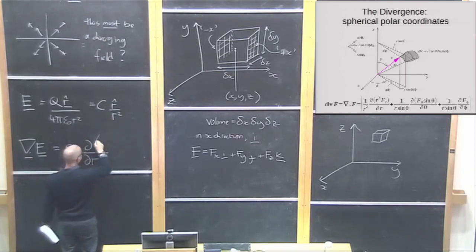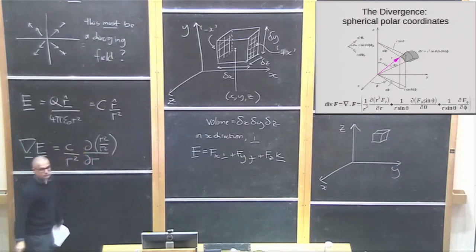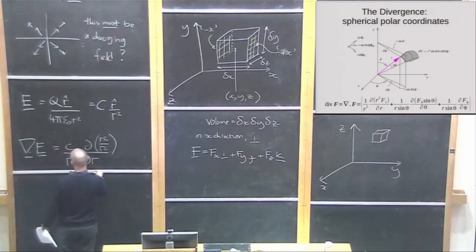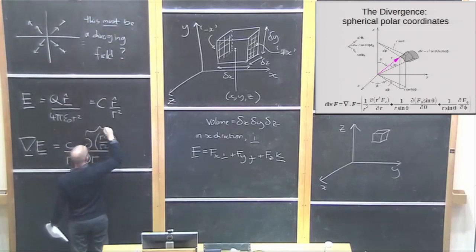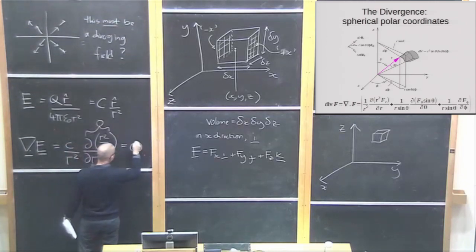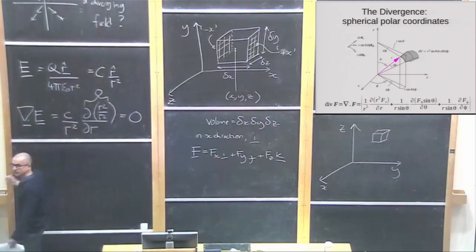So I want d by dr of r squared over r squared, which is 1, and the number 1 doesn't change as a function of distance, so therefore this equals 0. Therefore the divergence of the electric field is 0.